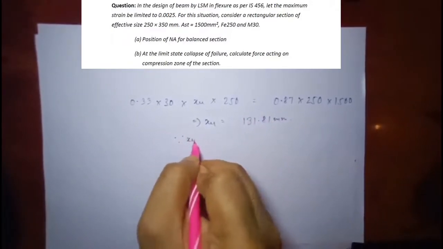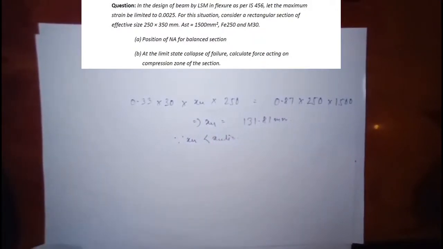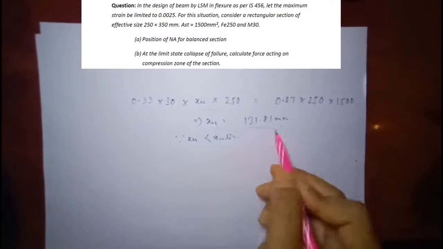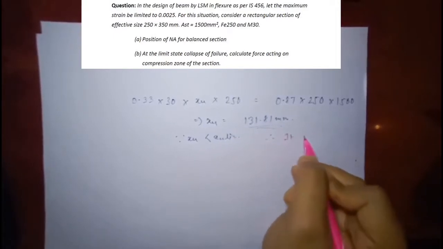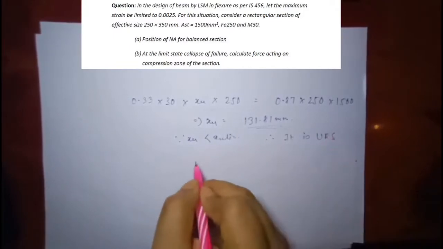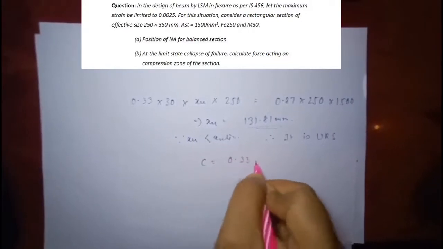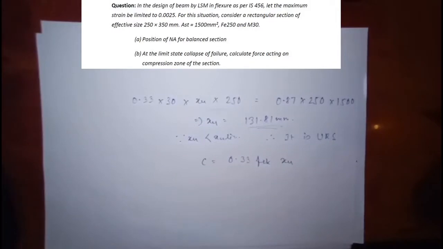Now the value of xu is less than our xu limit, which is 156.59 mm, but our xu is 131.81, so xu is less than xu limit, and therefore it is an under reinforced section. So our C, which is 0.33 fck xu, is the limit state of collapse of flexure.